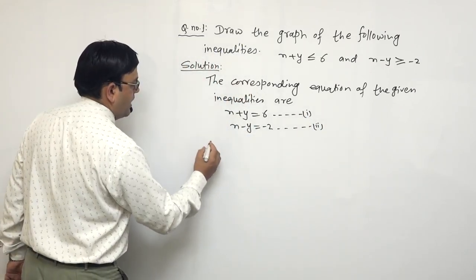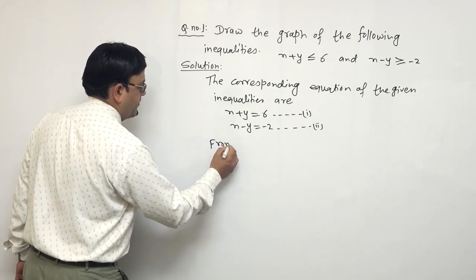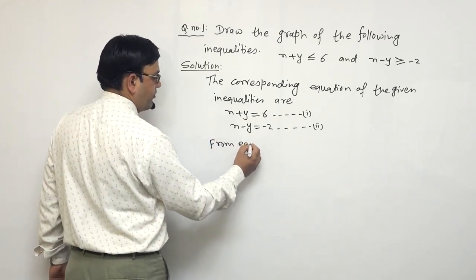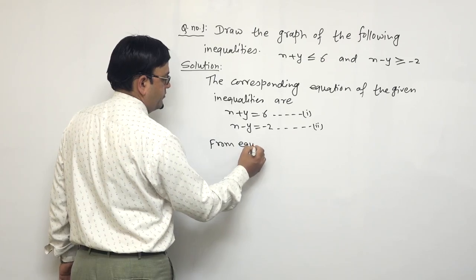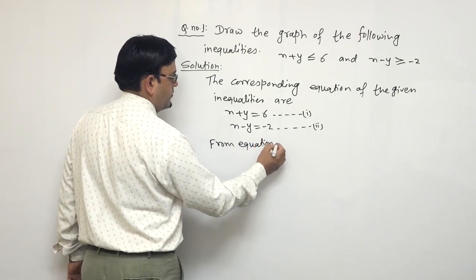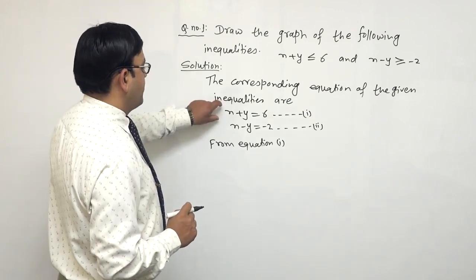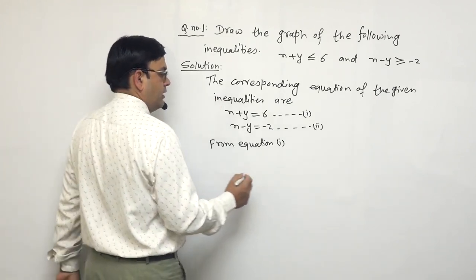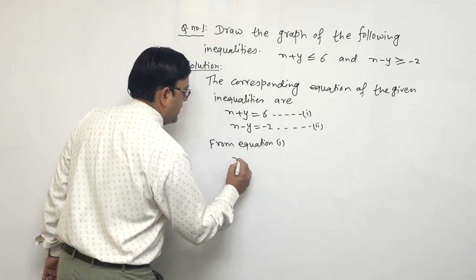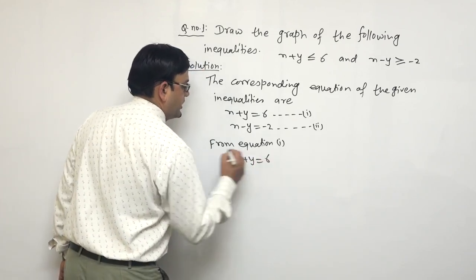From equation 1. Equation 1 is this one, so we have to start from equation 1 at first. Equation 1, x plus y is equals to 6.